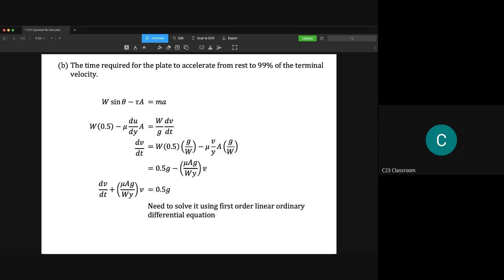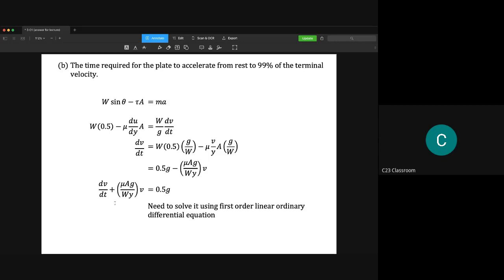So what we need to do is solve this one. Normally, if we have dv and dt, we could integrate both sides and solve the problem. But the problem now is we have dv dt here, and we have the value of v on the right hand side. So what we do is bring this v to the left hand side, so we could rearrange the equation something like this.